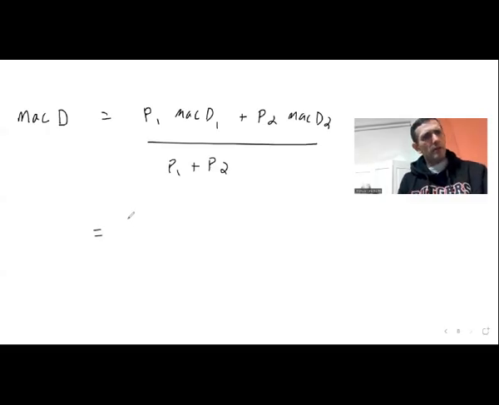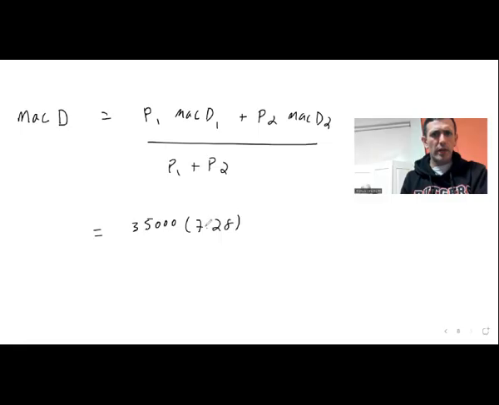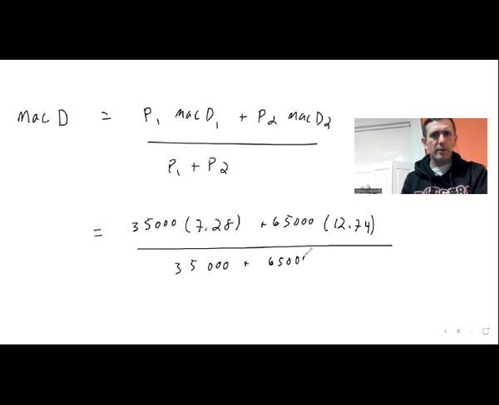So I have this written down here. 35,000 is the first price, and again, the first Macaulay duration is 7.28. 65,000 is the second price, times the second Macaulay duration, over the addition of the two prices, 35,000 plus 65,000.